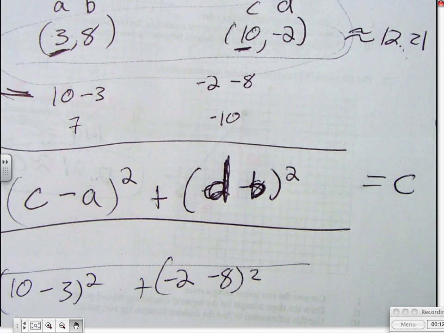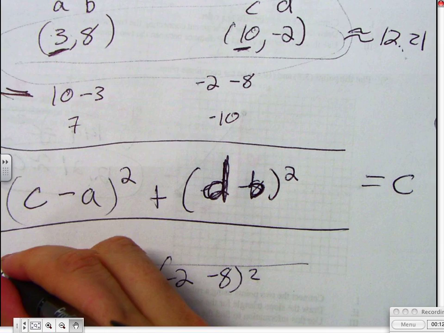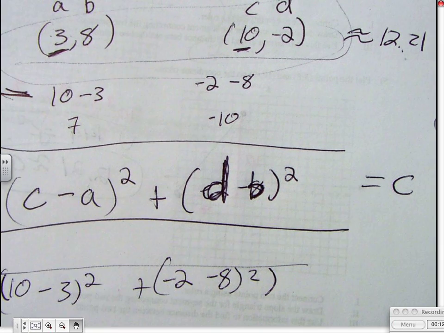Okay, so this is important. When you put it in your calculator, you need an extra set of parentheses. So we're going to do the square root, extra set of parentheses, 10 minus 3, end parentheses squared, plus parentheses, negative 2 minus 8, end parentheses squared, end parentheses.